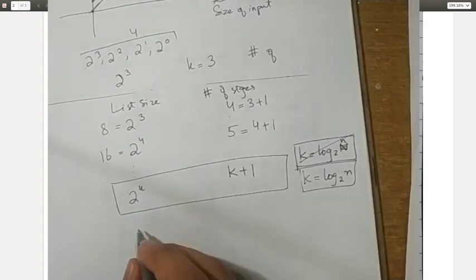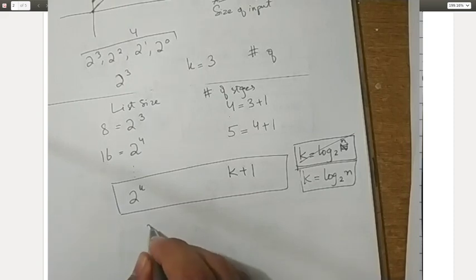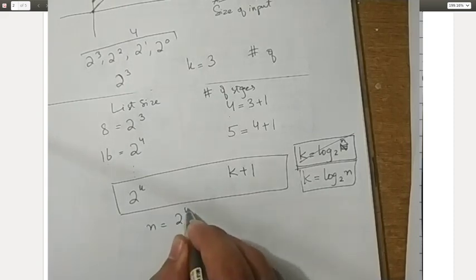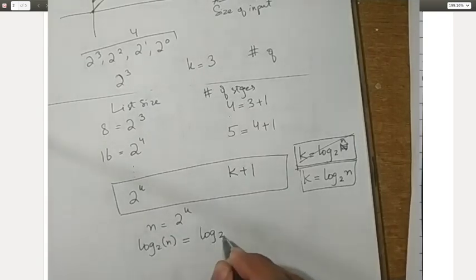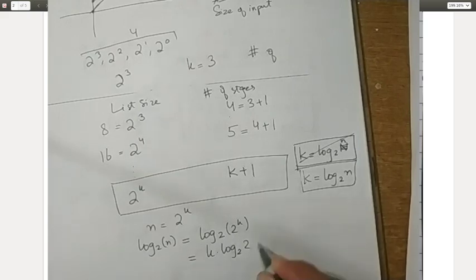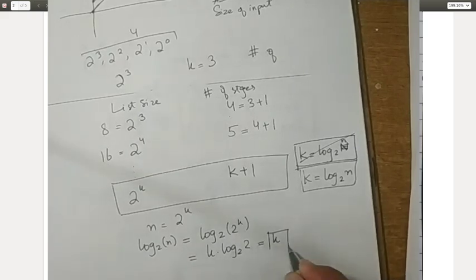So if n is equal to 2 to the k, then if you take log base 2 of n, you get log base 2 of 2 to the k, which is k times log base 2 of 2, which is simply k.